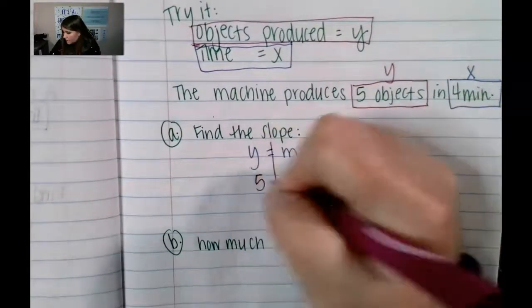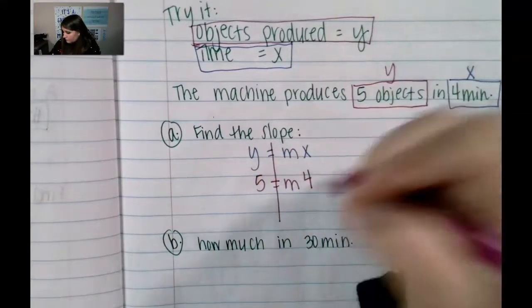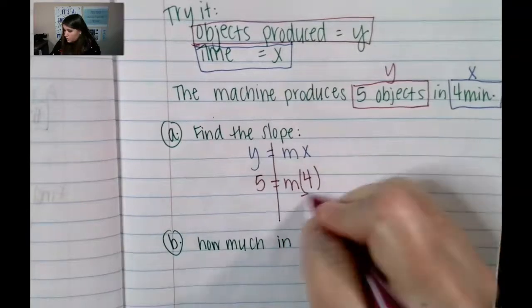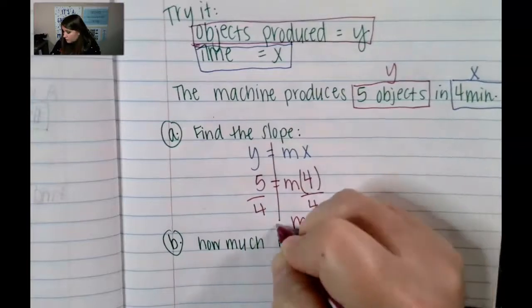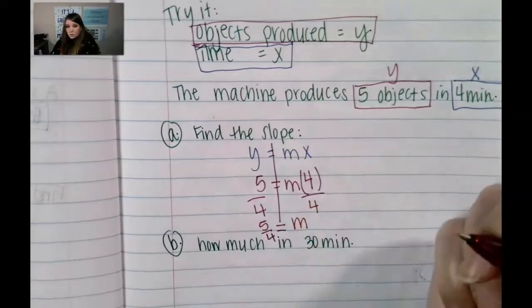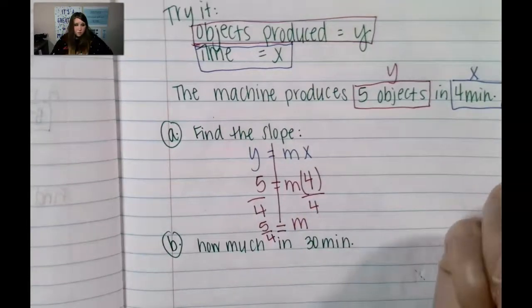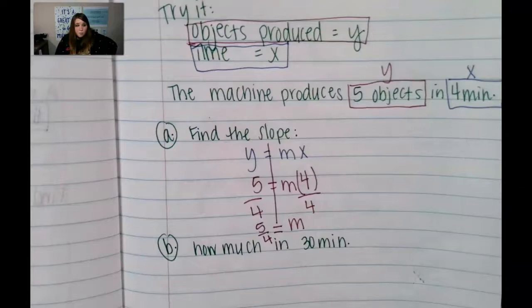So 5 equals M times 4. And we're going to divide by 4, divide by 4. So M equals 5 over 4. You could also just simplify that down and say 1 1/4 if you wanted. You could do it that way. So 1 1/4 would be your answer there.